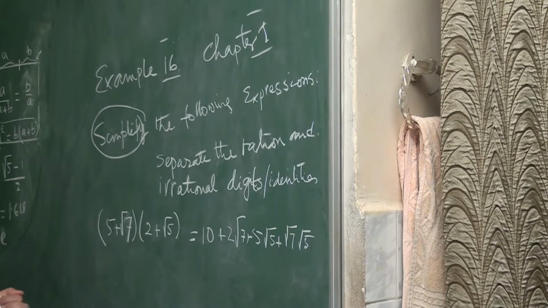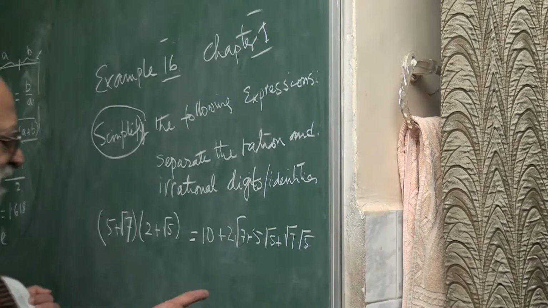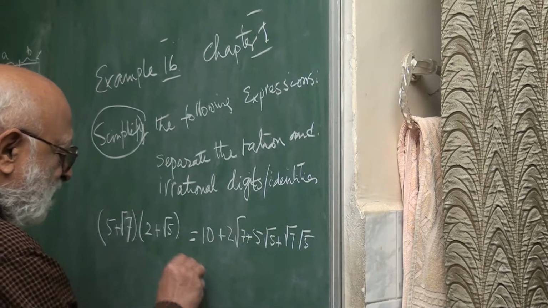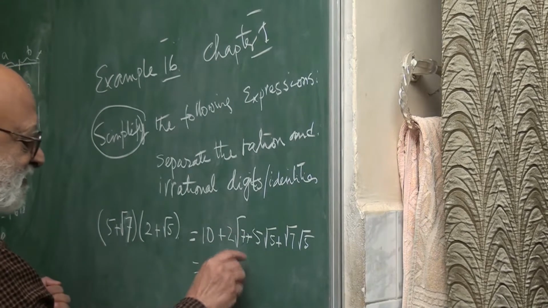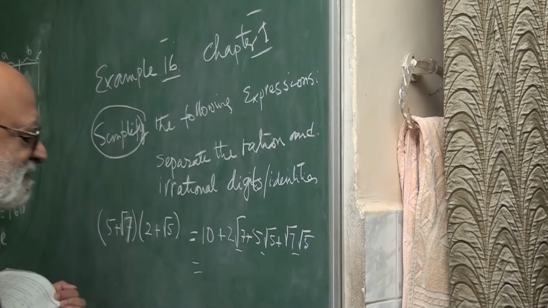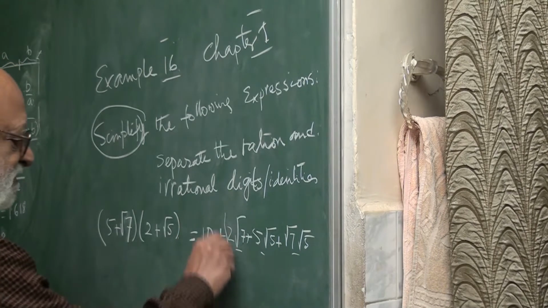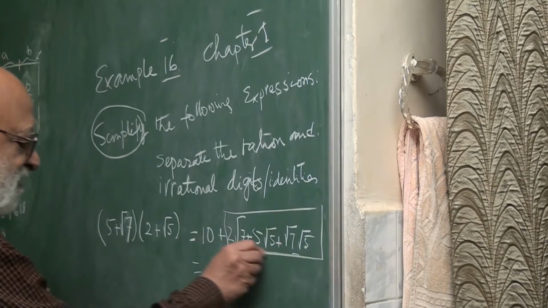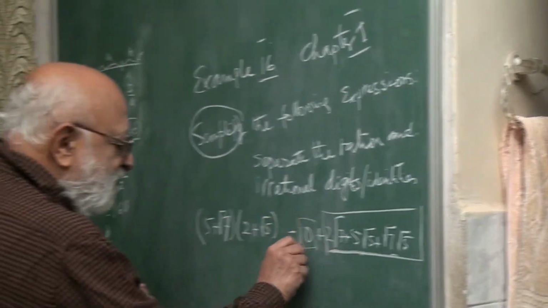Okay, so what do you get out of that? There is nothing further that you can do, as all of these are irrational. So this part of it is all irrational, and this is the only rational part of it.